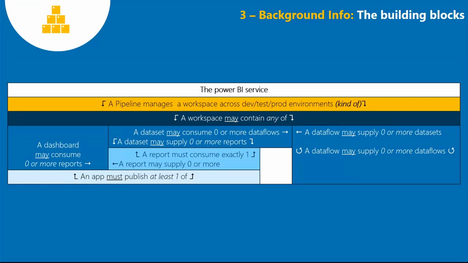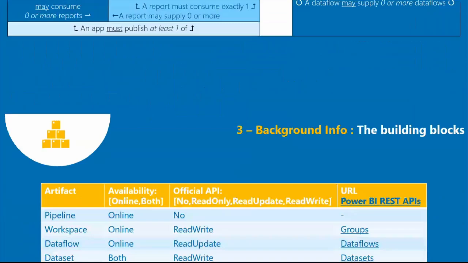And you can also include outside content in your app. You can't directly include a data set, but you can provide access to the data set to the users with whom you shared your report or dashboard through the app, so that they can also connect to the data set and build their own stuff. And data flows completely fall outside of the app experience.